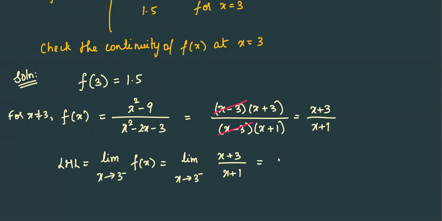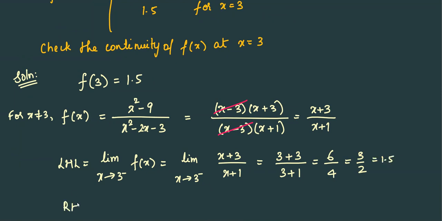Of course it is not 0 by 0 form, so direct substitution. The value of x is tending to 3, so 3 plus 3 over 3 plus 1. You get 6 upon 4, which is 3 upon 2, which is 1.5.